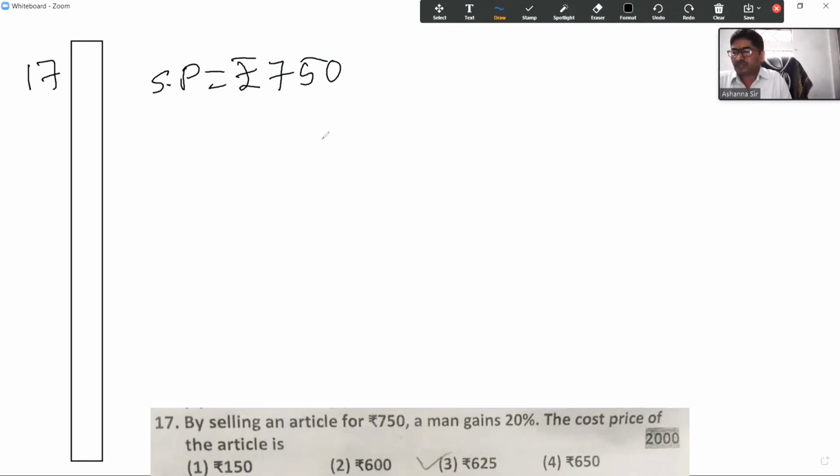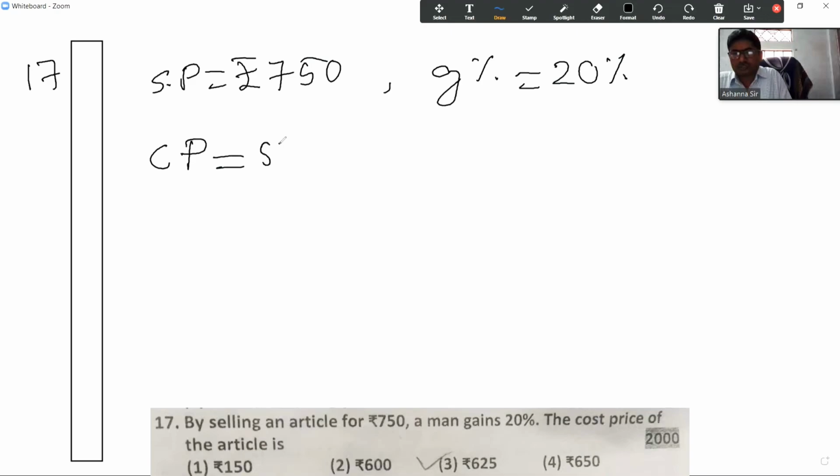The cost price of the article is? If we know the selling price and gain percentage, we can find the cost price using this formula. Cost price is equal to selling price into 100 by 100 plus gain percentage or profit percentage. So this is the formula.